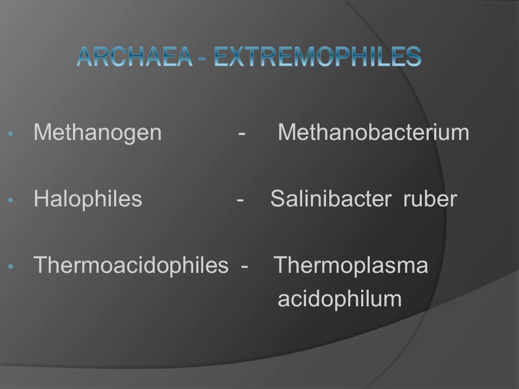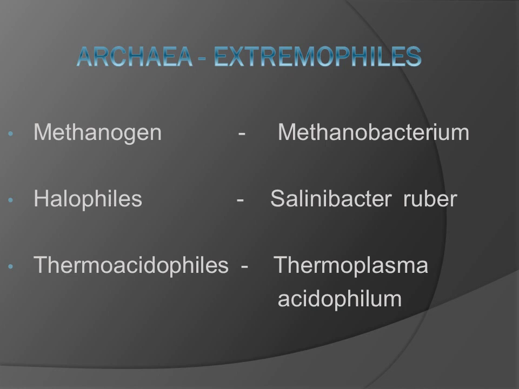Even from the name you can understand that these bacteria can survive at high temperature as well as in an acidic environment. An example is Thermoplasma acidophilum. So these are the 3 extremophiles given under archaea.